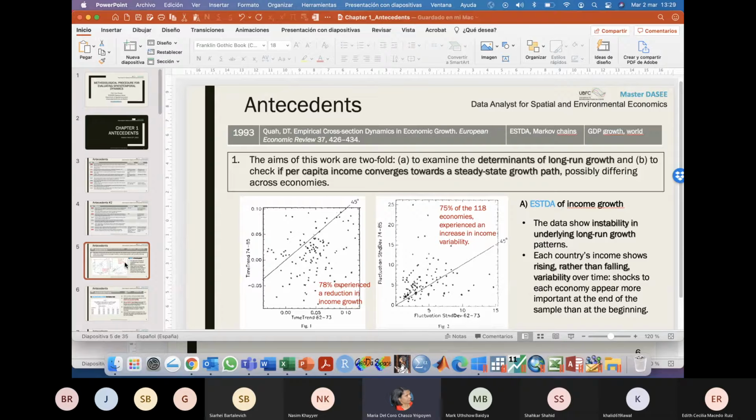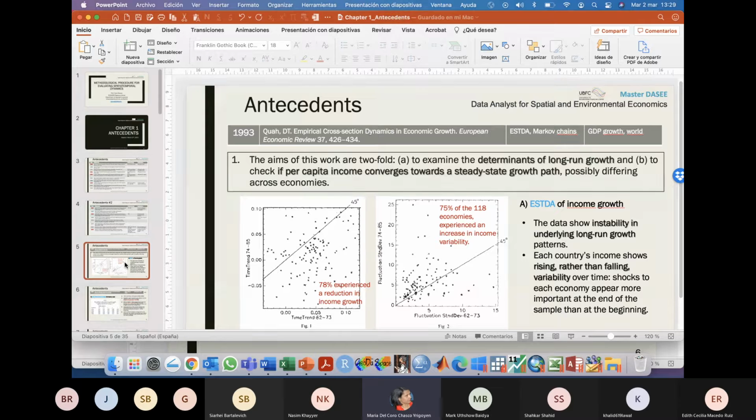So, in general, analyzing the determinants of long run and specifically checking for convergence or non-convergence among, in this case, countries in the world in terms of per capita income.